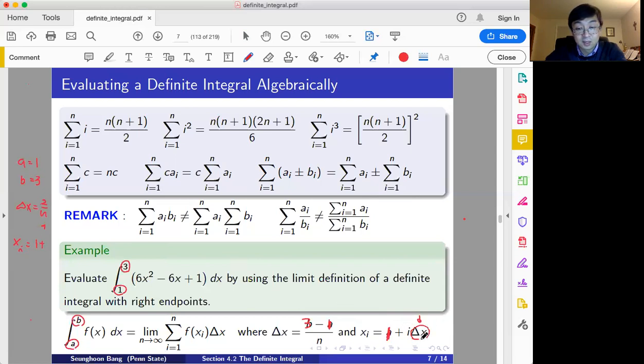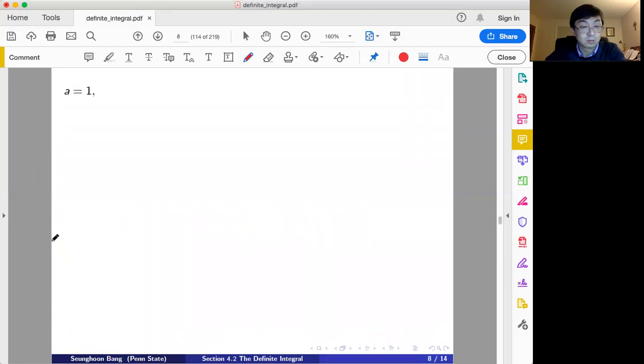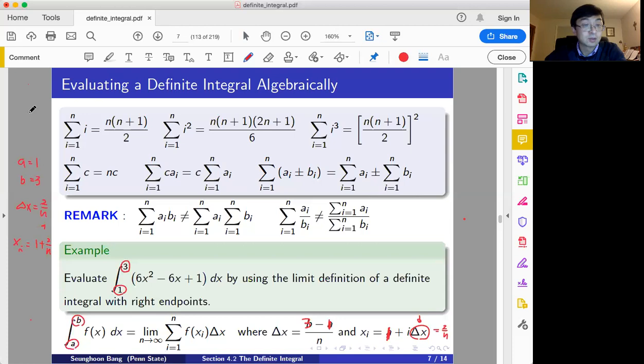Delta x is 2 over n, so you plug 2 over n in. So what is x i? x i is 1 plus 2 over n times i. So like this. Next, you have to plug these values into here. What about the limit? I can show just a little bit. So far, we have this result.